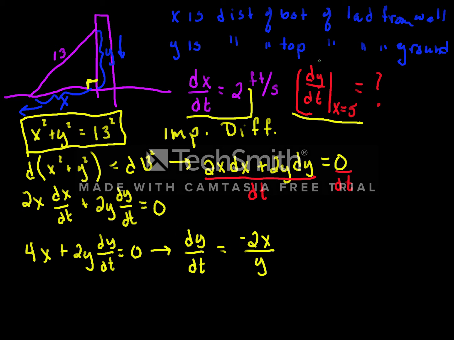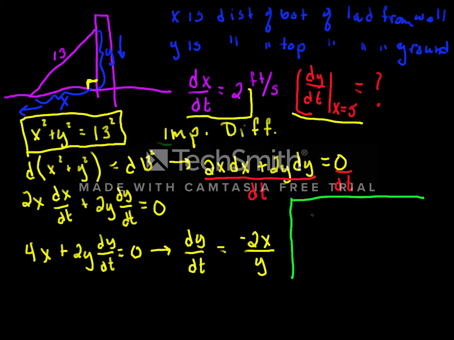So I'm going back to my problem. I want to solve what is dy/dt when x equals 5. And I am a little bit disturbed because my relationship has x's and y's. However, recall that we have a relationship between x and y, that x squared plus y squared is equal to 13 squared. So a little bit of side work over here.